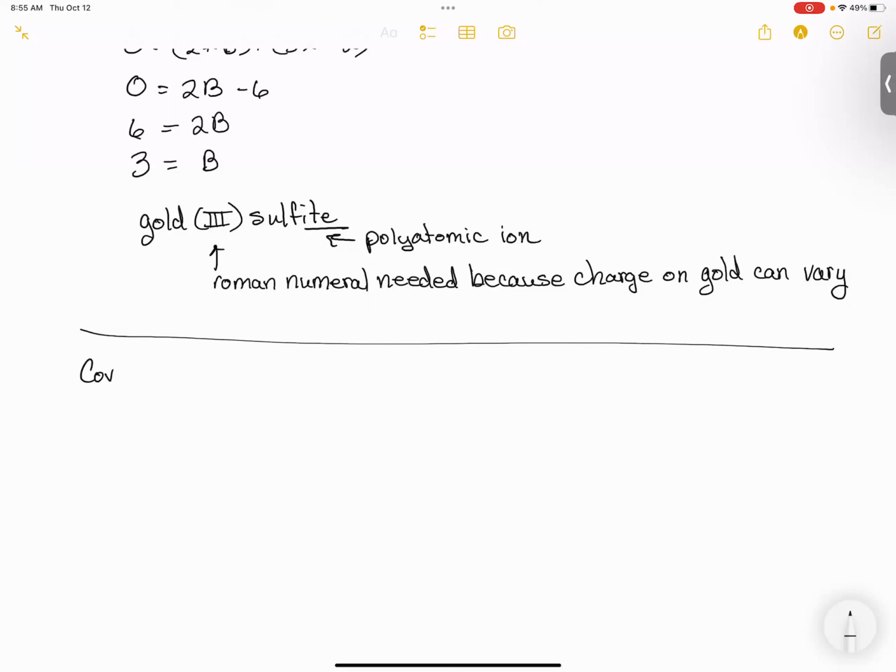Okay, then we're going to move on to covalent molecules. Covalent molecules, again, have a covalent bond, which arise through the sharing of electrons.